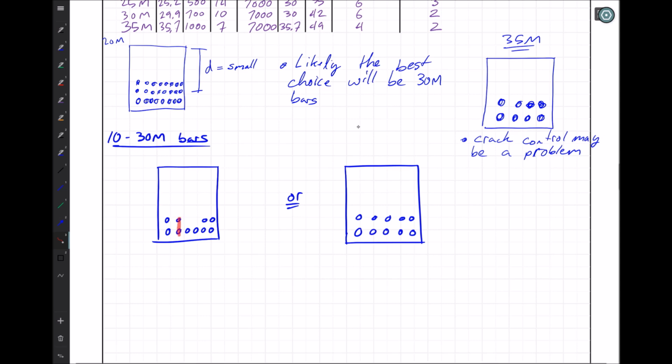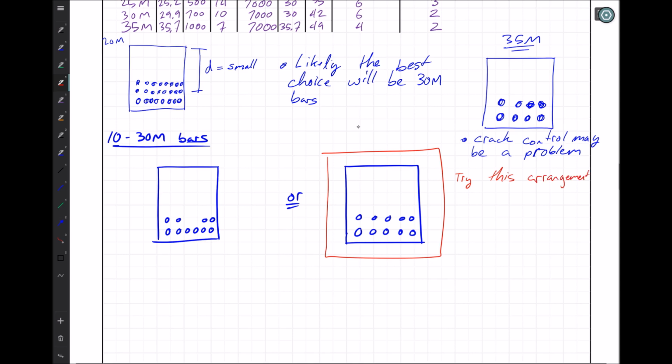We'll note that as we place them, we're placing all the bars right on top of the other bars. This allows for the concrete to flow around them without any issues. And so as they're tied together into a cage, that would be the standard practice. What we're going to do, for no particular reason other than it's slightly simpler to calculate and slightly simpler to tie, is we're going to try this arrangement.